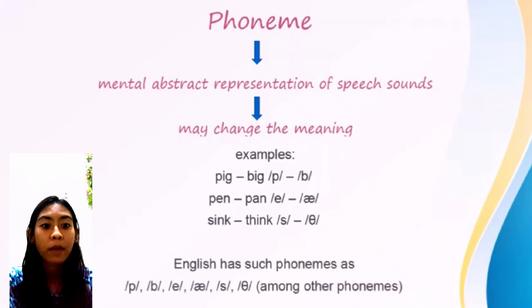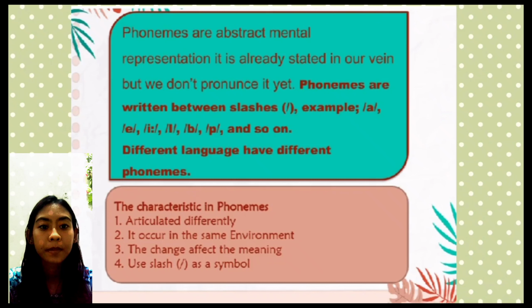English has such phonemes as p, b, a, s, and z, among others. Phonemes are abstract mental representations: they already exist in our brain but we don't pronounce them yet. Phonemes are written between slashes. Examples: a, i, o, b, p, and so on.